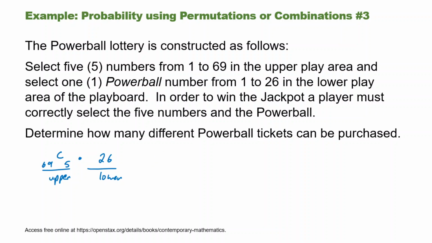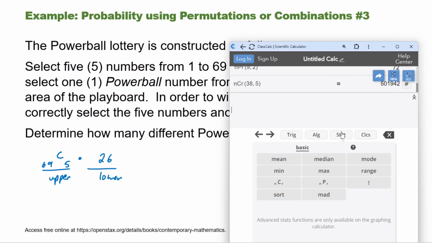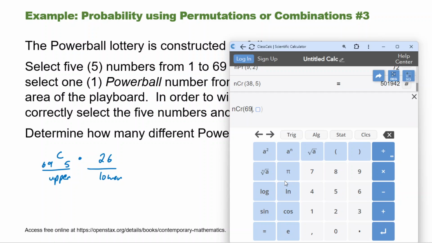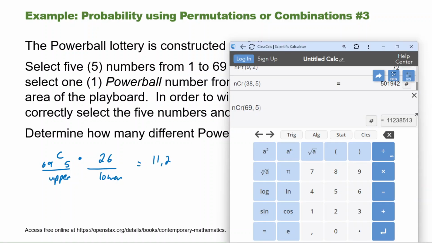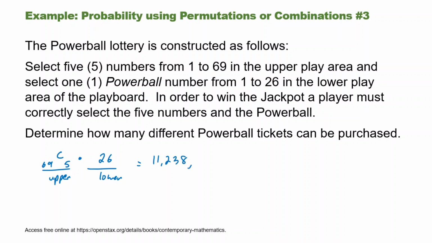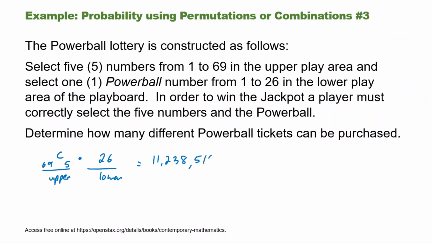So I'm going to go over to my calculator. Going to find stat nCr 69, 5. And that number is 11,238,513 times 26.